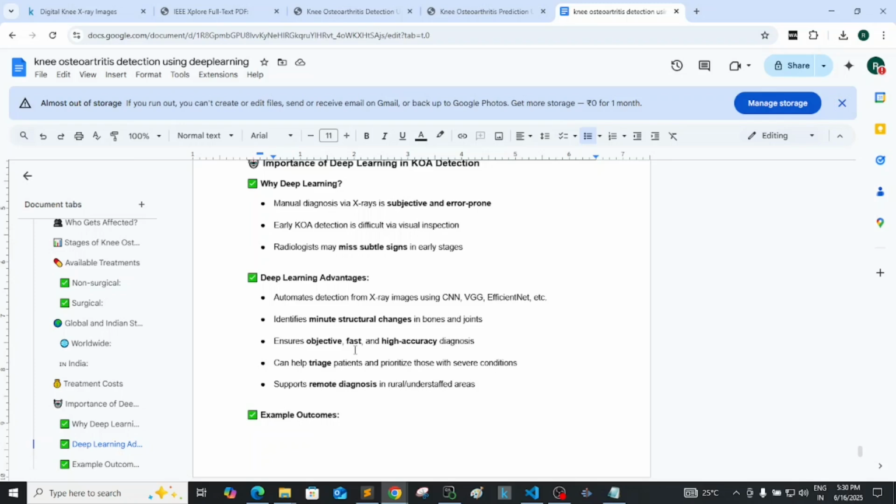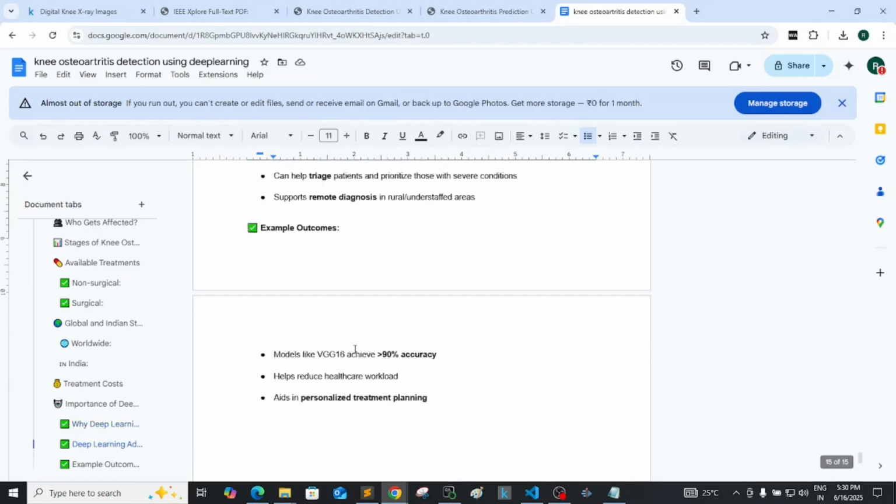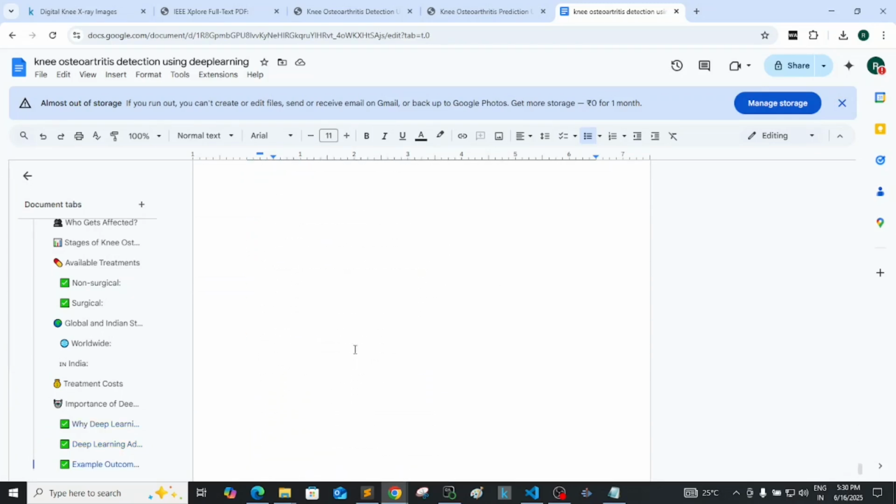The number doesn't matter if you train them properly. They can handle more data at the same time. Because of this, we are going to build a deep learning based project. Why I am telling you all this theory is that if you are building a project, you need to know why you are building it and what its importance is.